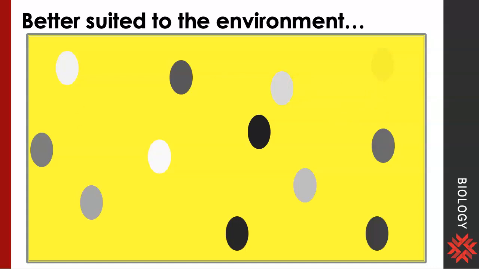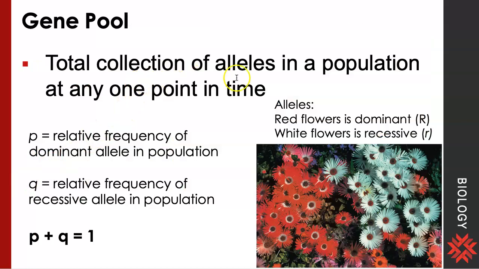Now, what I mean by gene pool is the total collection of alleles that are in that population. So remember, alleles are what's in the DNA that's going to correlate to a particular trait. We have our dominant allele depicted by an uppercase letter and our recessive allele depicted by the lowercase letter.